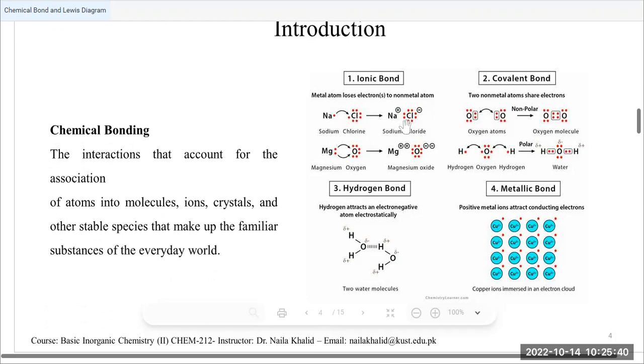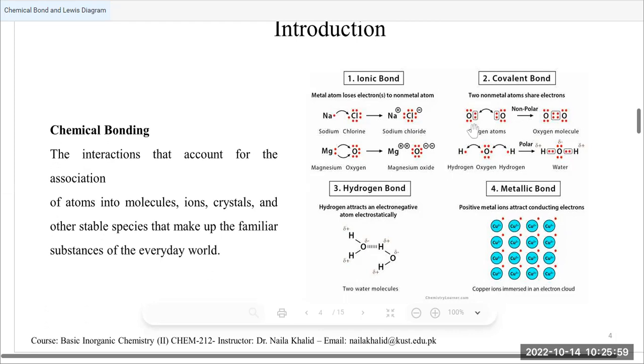That force is known as a chemical bond. This force is developed when an electron is transferred from sodium to chlorine. That is why this is termed a type of chemical bond known as ionic bond.